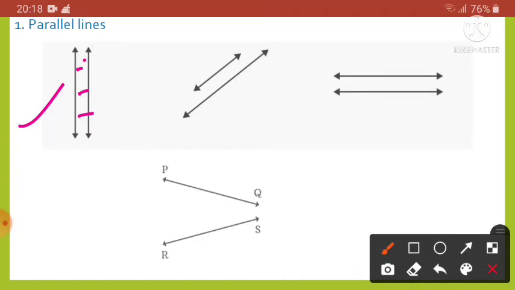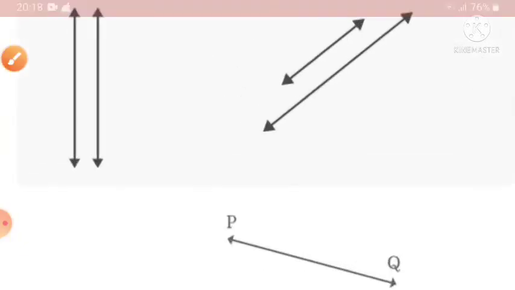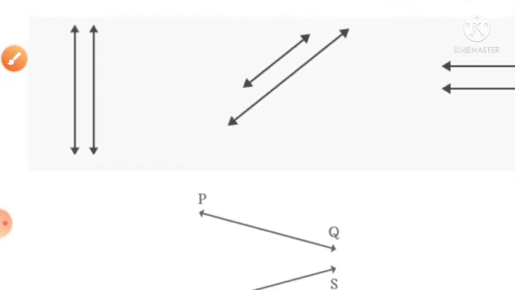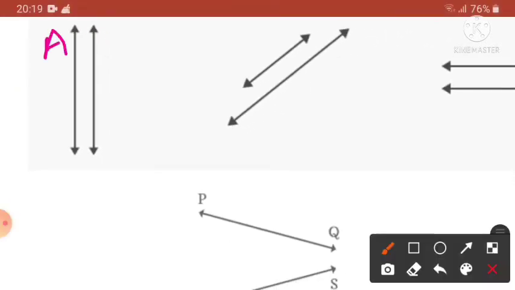If you give names to the parallel lines, suppose the first one is AB and the other is CD. Both AB and CD are straight lines, and they are parallel lines, because if we extend both of the lines, they cannot meet at any point, because the distance between them at every point is the same.